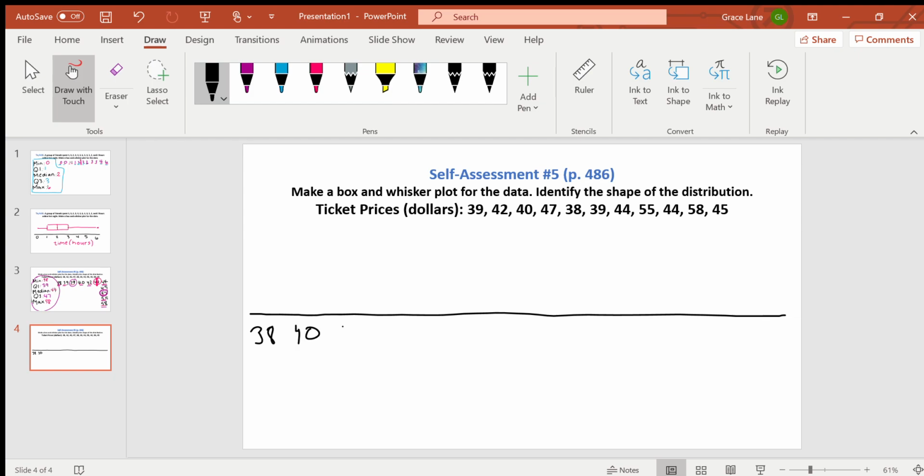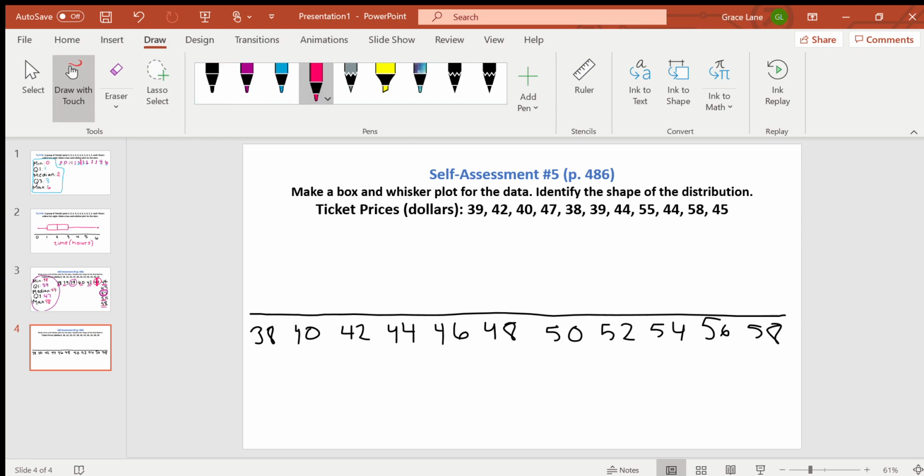I'm going to count by 2s. And then for the odd numbers, I would just have to estimate where 49 would be, for example. 52, 54, 56, 58.